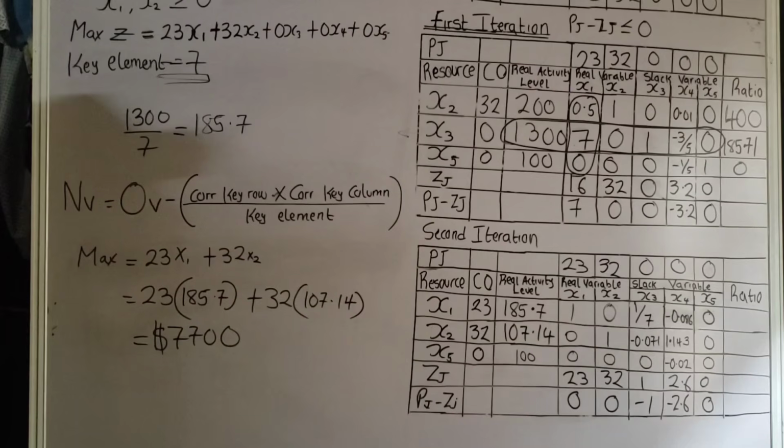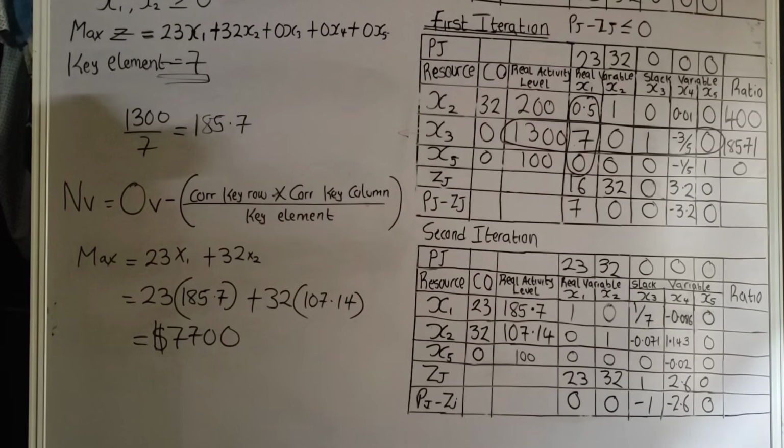Don't forget that I told you in this video that the number of slack variables that you are going to introduce depends on the number of constraints that you have. After changing both into standard form, you are going to prepare your initial simplex table. From the initial simplex table, you are going to get your key column and the key row.